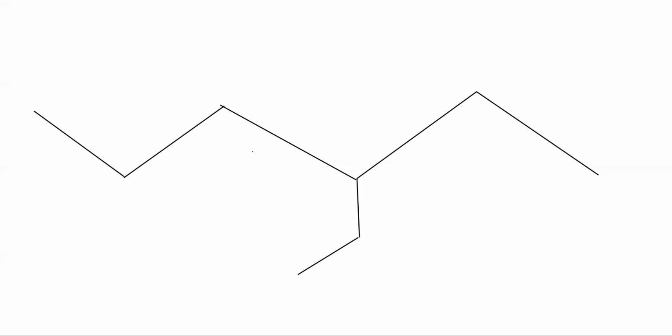You will select the longest carbon chain. Numbering should start from the nearest. No, it's not. When you count this, look, 1, 2, 3, 4, 5, 6, or 1, 2, 3, 4, 5, or 1, 2, 3, 4, 5, 6. So both ways I counted.